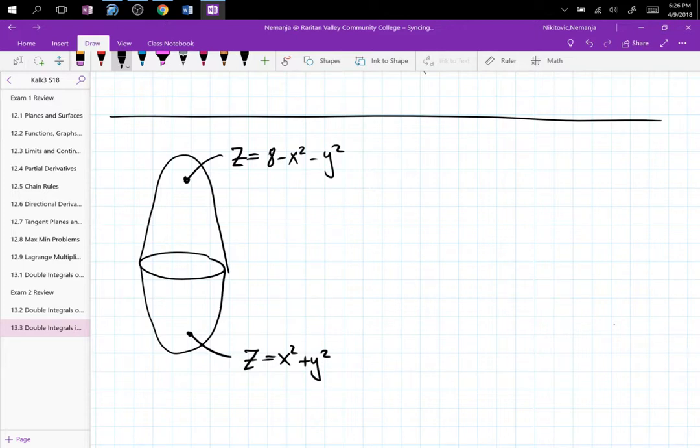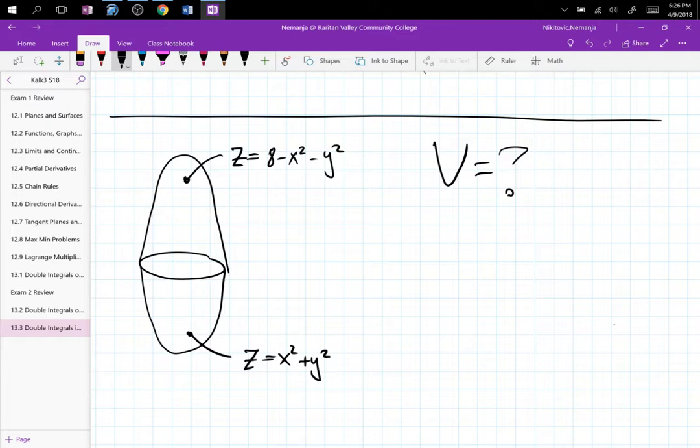This is what's given. What's the volume? Right? Since we have a circle over there, it should be polar coordinates. It's a round object.